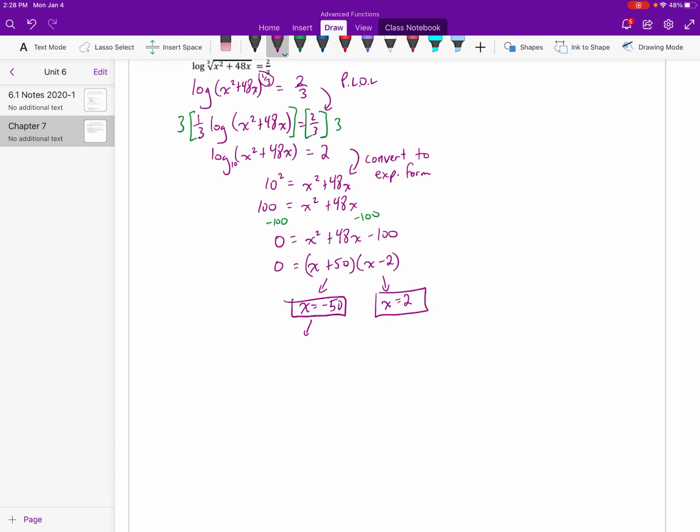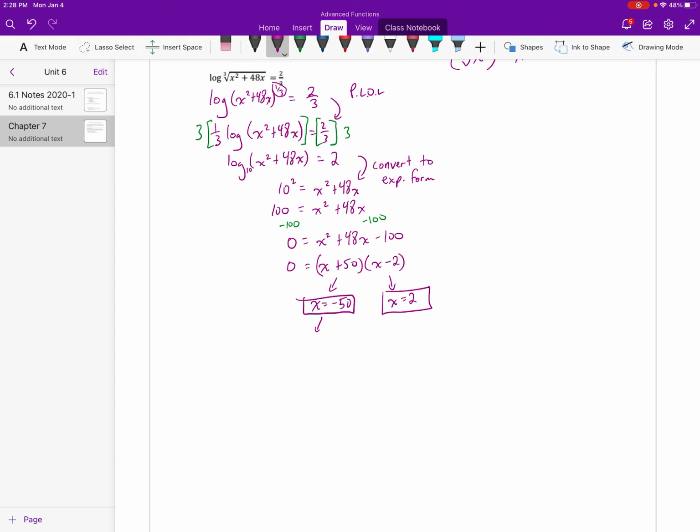So it seems to me that negative 50 is probably not going to work. Let's test that out. We have log of the cubed root of negative 50 squared plus 48 times negative 50, which should equal 2 over 3.